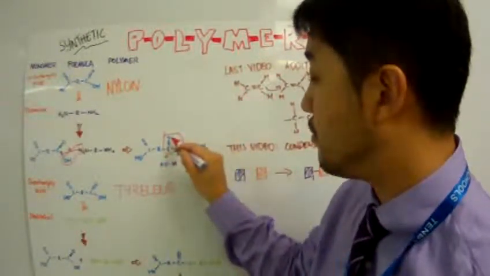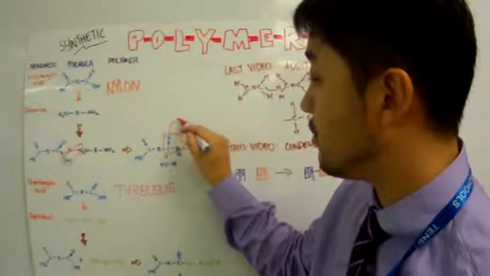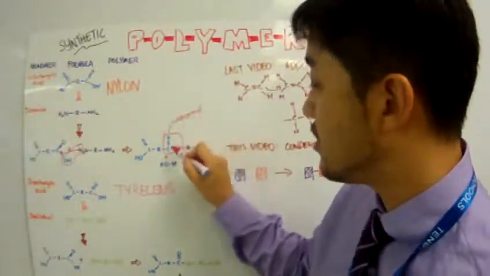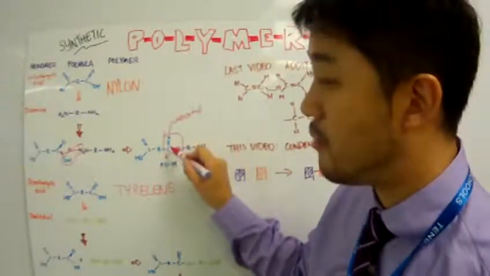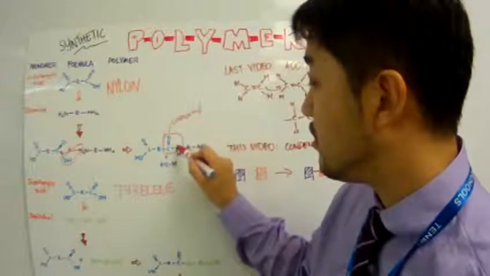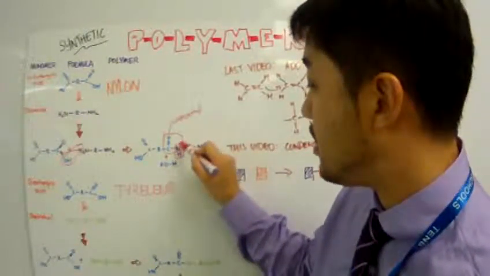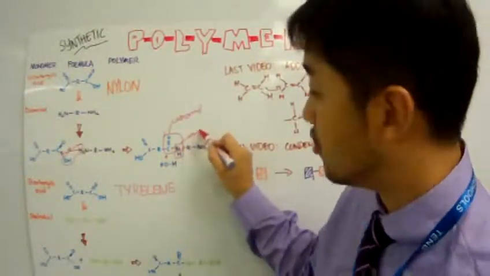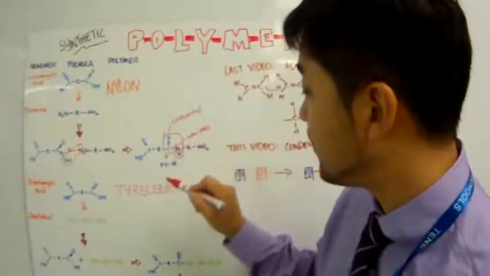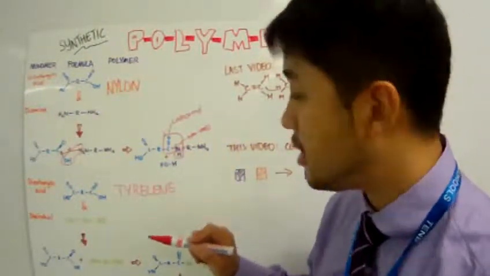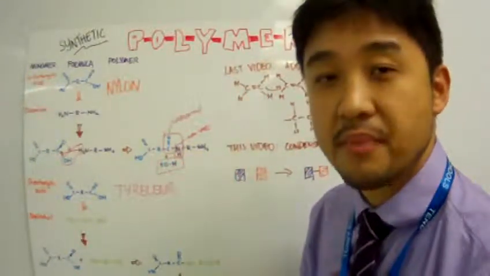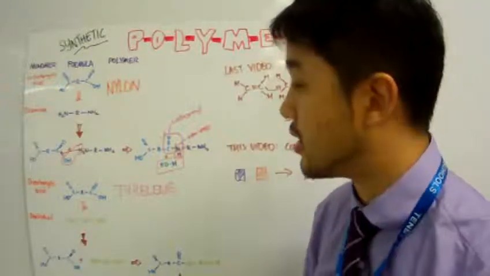You have the carbonyl group still there from the dicarboxylic acid, and also an amino group from the diamine. And what we see here is a loss of water, a condensation, basically.